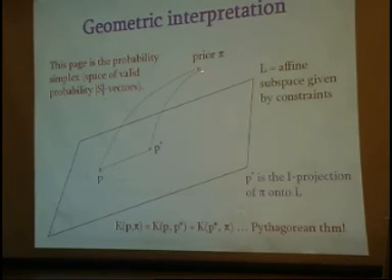Suppose that instead of using KL distance, I was projecting with respect to squared Euclidean distance. Then I would just project right down over there and get that right angle. If I looked at any other point, I'd have this right angle in the middle, and I'd know that this distance squared plus that distance squared was equal to this distance squared. Amazingly, that same Pythagorean relation holds even when one is not using squared Euclidean distance.